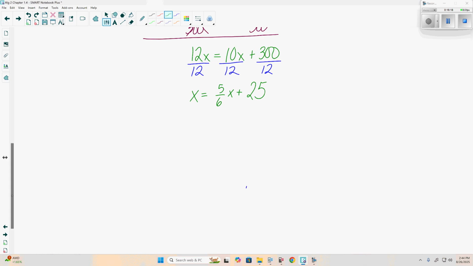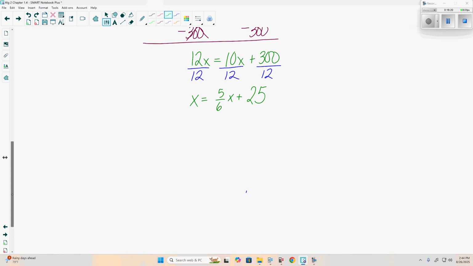But our x's are still not on the same side. So now we'd have to subtract 5/6x from both sides. These would cancel. x minus 5/6x would be 1/6x is equal to 25.